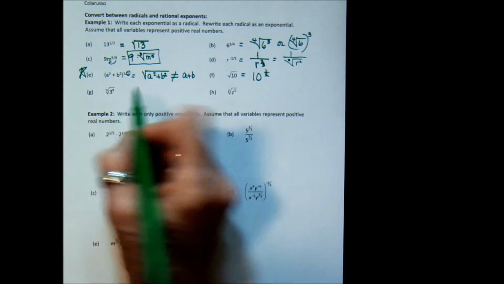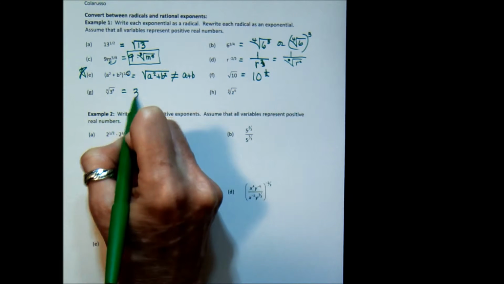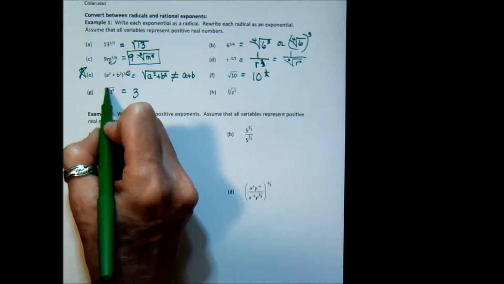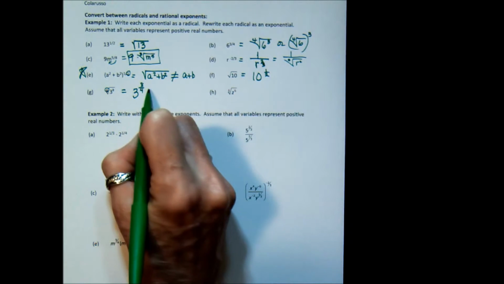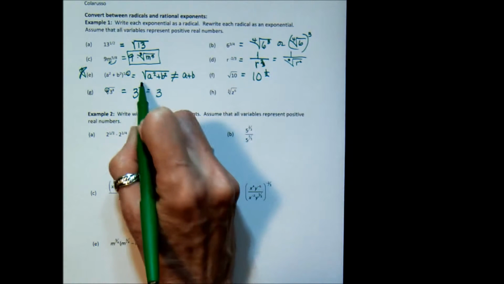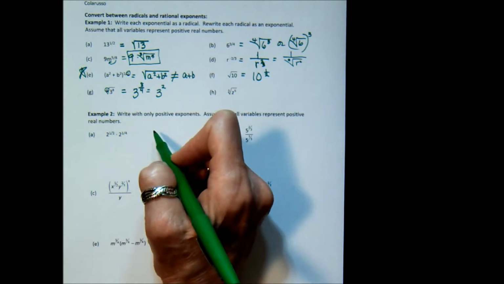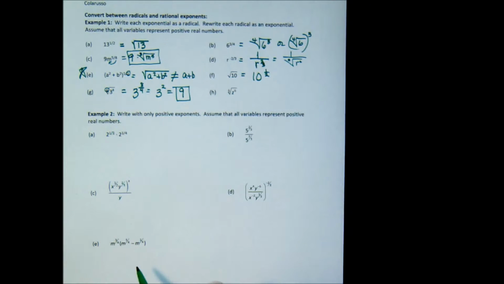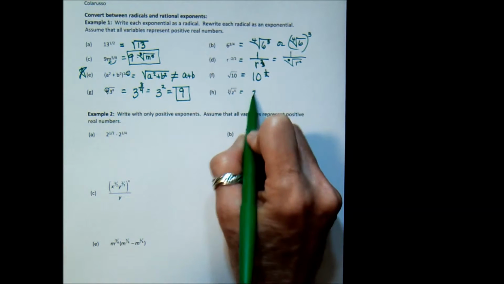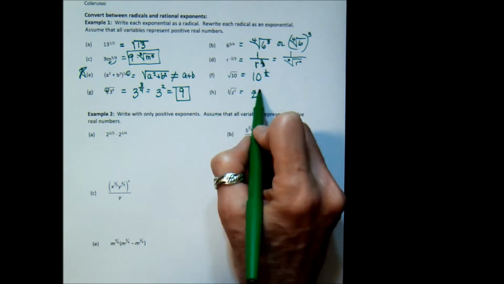4th root of 3 to the 8th. Our base is 3. Here is our root. That is your denominator. The 8 goes up here, but that simplifies. 8/4 is the same thing as 2, and 3 squared is the same thing as 9. On this one, my base is z. Here is my root.